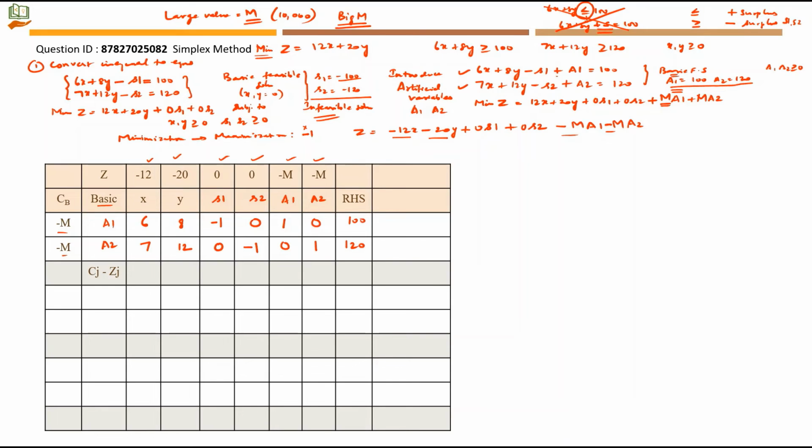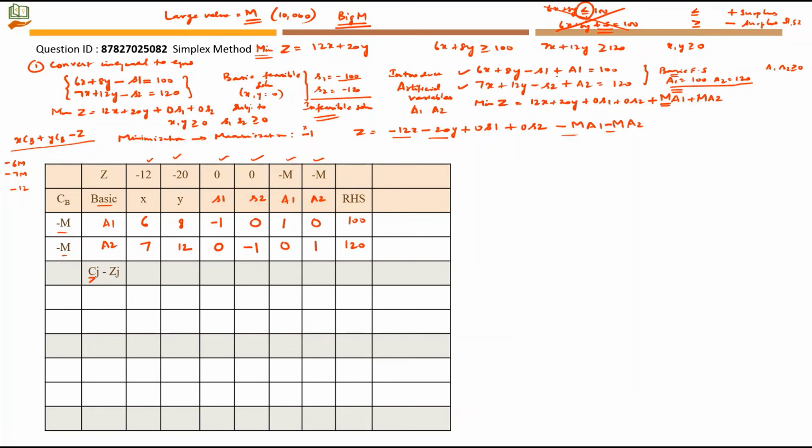So next we have to find Cj minus Zj or Zj minus Cj. So let me tell you how to do this. X into Cb plus y into Cb, the particular coefficient, minus the z value. This is what they meant as Cj minus Zj. So here it is 6m and here it is 7m. Of course it is minus 6m and minus 7m, and it is minus 12 here.